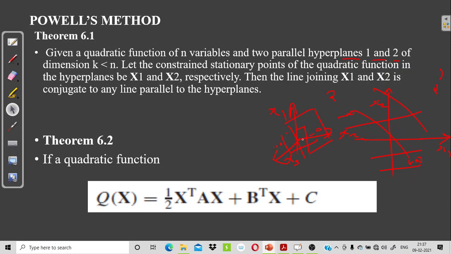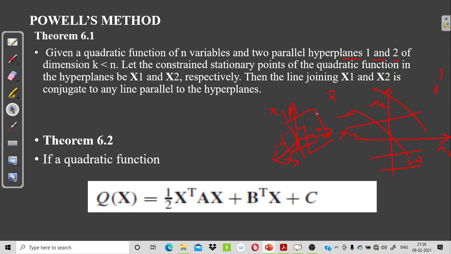So we have an infinite number of such planes, and in a two-dimensional space, an infinite number of hyperplanes, that is straight lines.